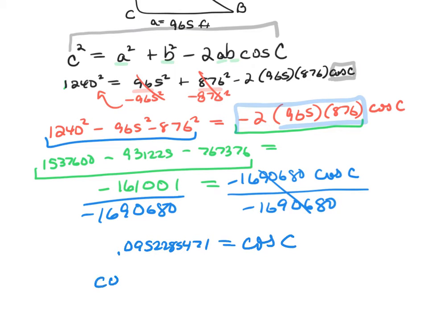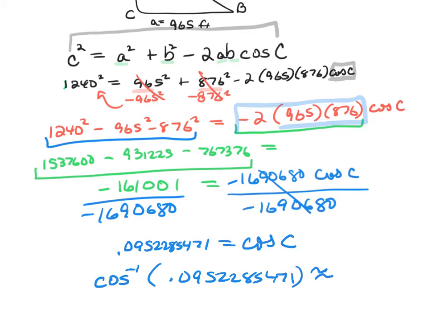I'm looking for an angle measure. So when I do this, I'm going to do cosine inverse of 0.095228547. So second cosine, and then second answer. And then my angle measure here is approximately 84.